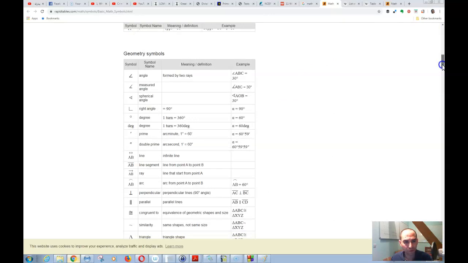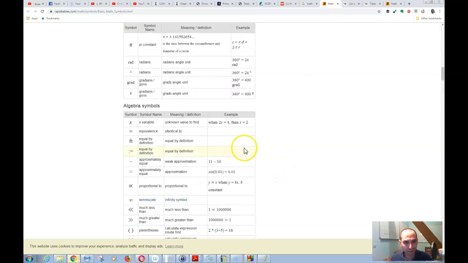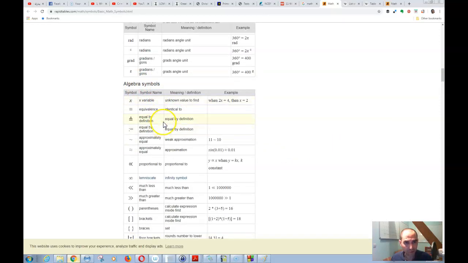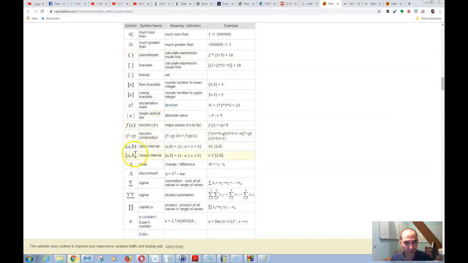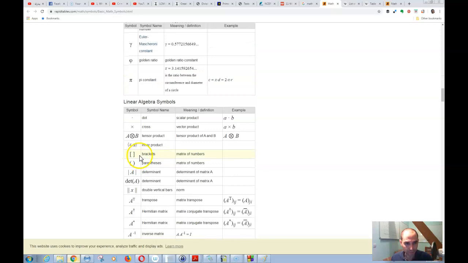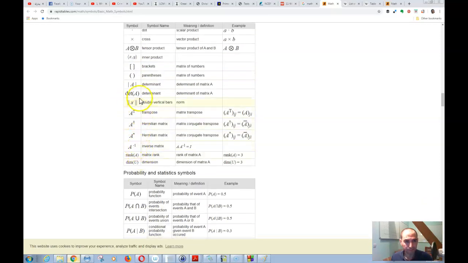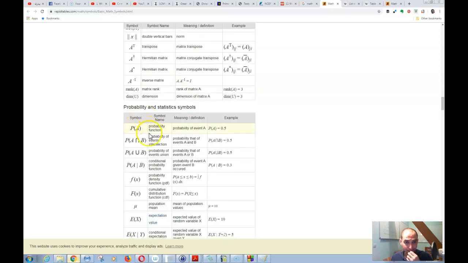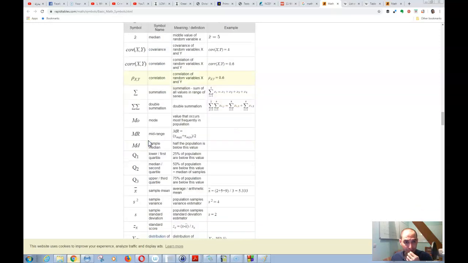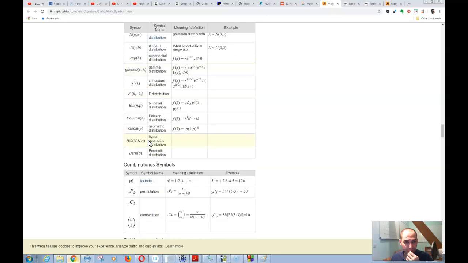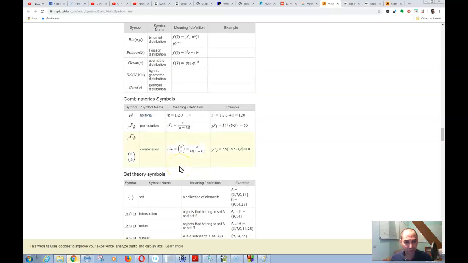These are geometry symbols. These are algebra symbols. These are linear algebra symbols. These are probability symbols. Combinatorics symbols.